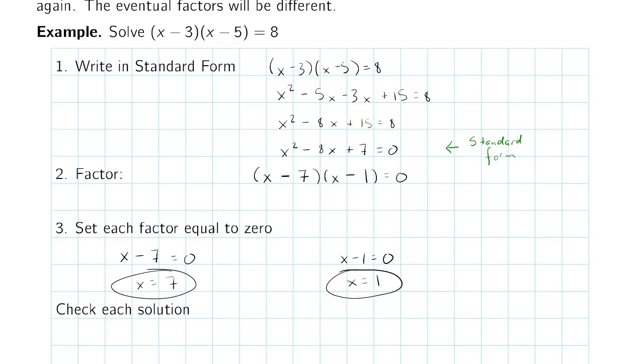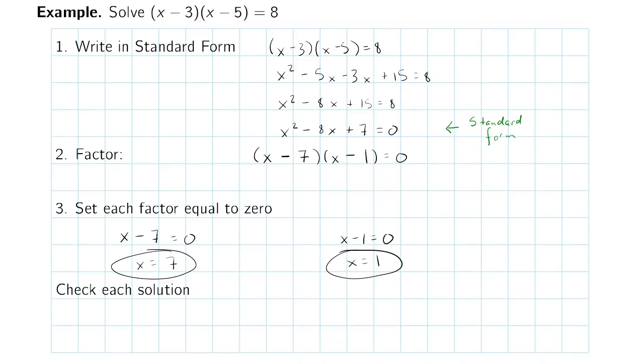To check our work, we'll confirm that both of those work in the original equation exactly as it was given to us. So checking x equals 7, we'll have 7 minus 3 times 7 minus 5. So that'll be 4 times 2, which really does equal 8.